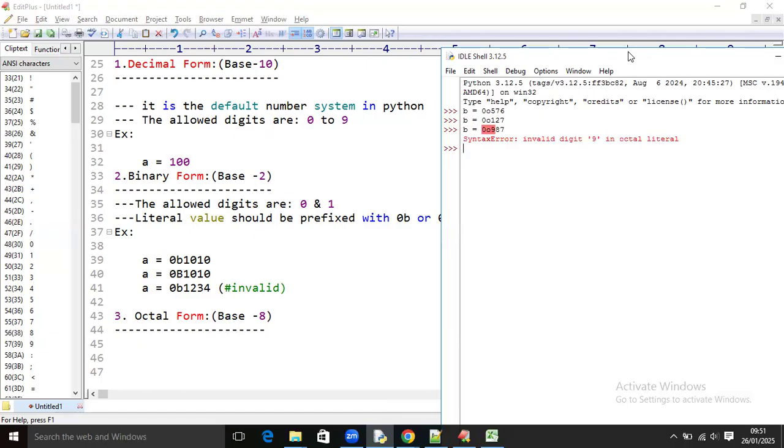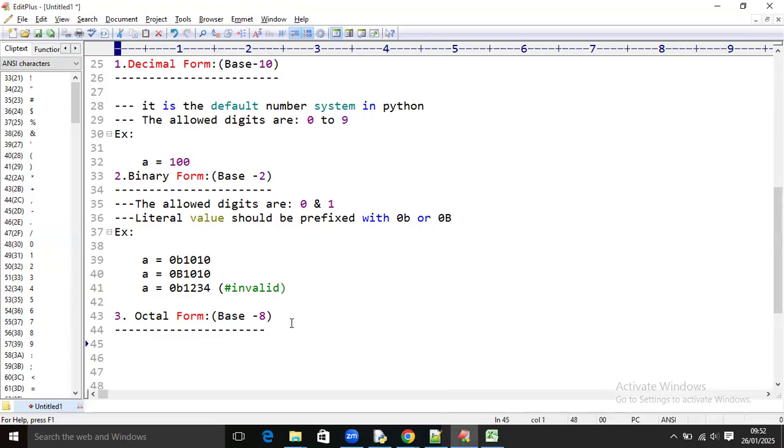The octal data type will allow only the numbers from 0 to 7. And what is the prefix for this? 0o. For binary, 0b. For octal, 0o.